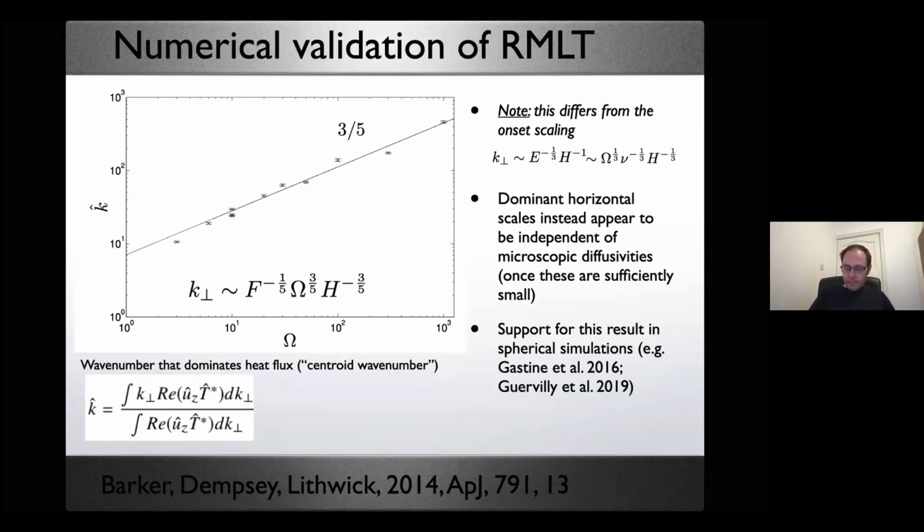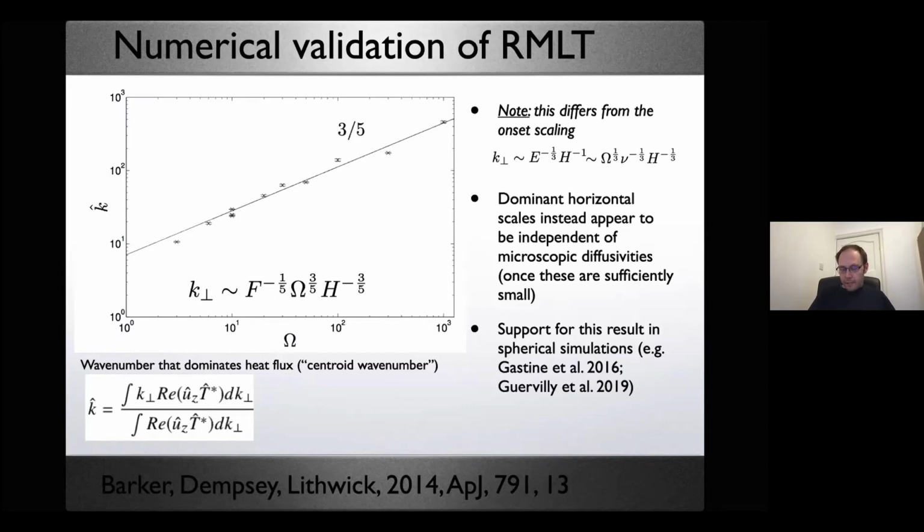Now, there are some subtleties about this that I'll come back to later on, in that if you plotted it in terms of the onset scaling, you might think that it's more related to that, but I'll illustrate why we believe this is the relevant scaling later on. This scaling does differ from what you predict if you believe that diffusivities are important in determining the length scale. Near the onset of convection, including viscosity and thermal diffusion, you'd have a length scale for the convective modes given by this in the top right, which depends on the Ekman number.